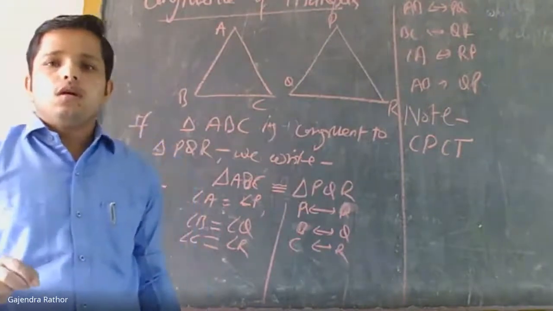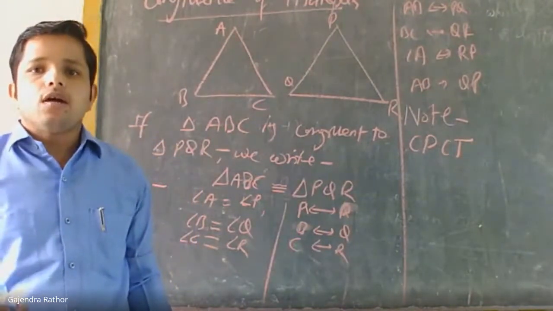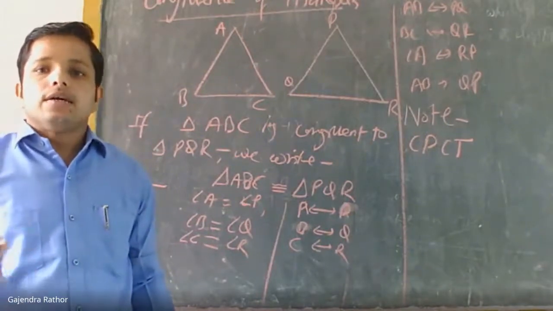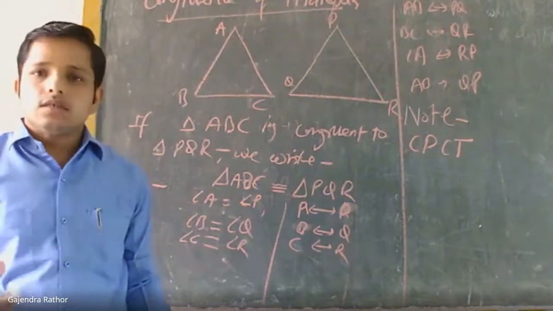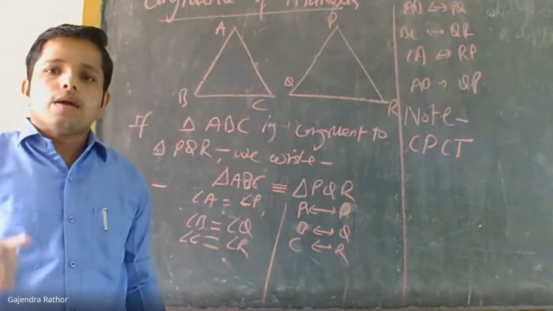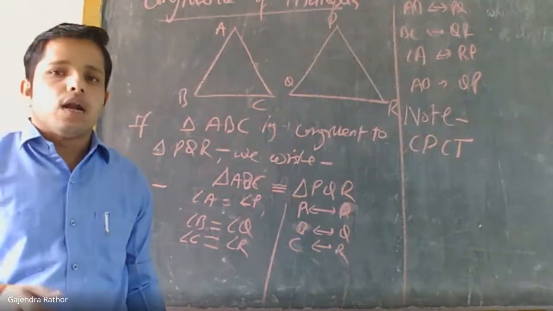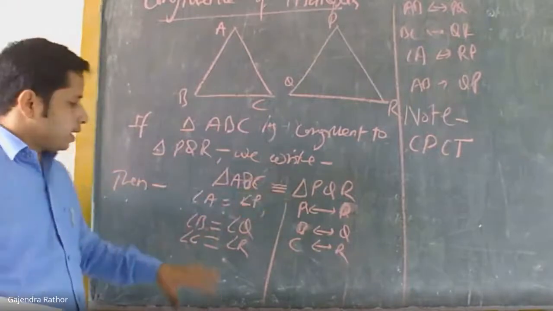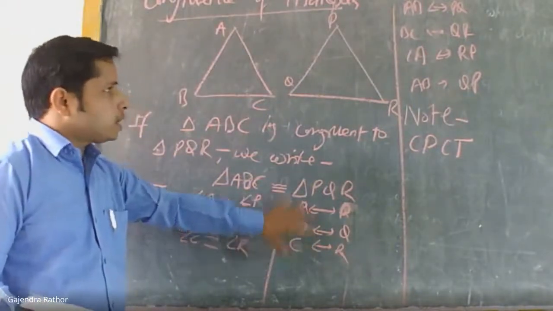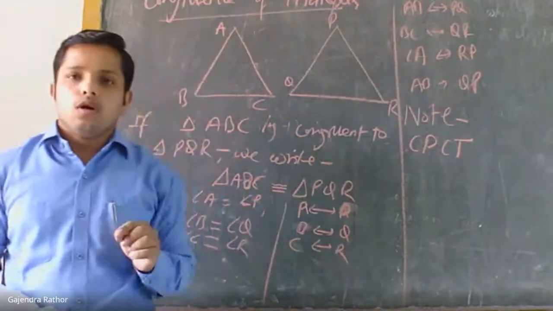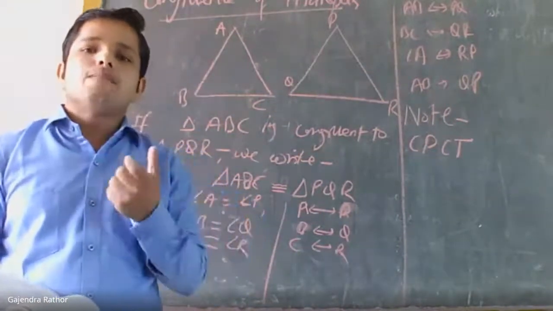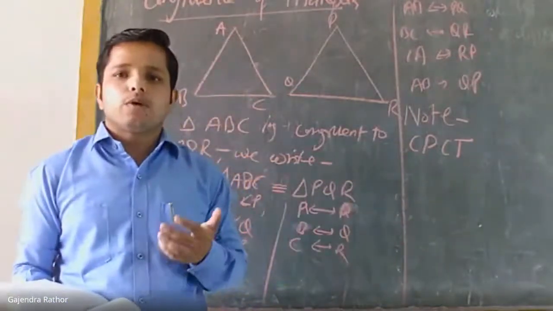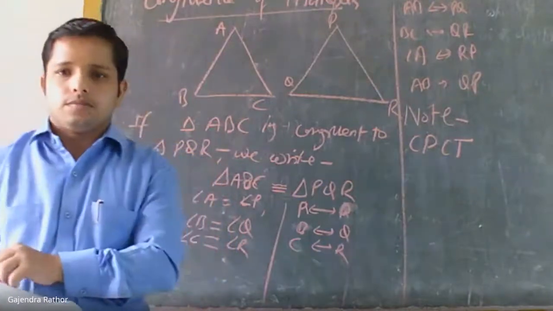If two triangles are given congruent, or we proved that the triangles are congruent, then by using this, their corresponding parts will also be equal. So we will use a simple word for this sentence, CPCT, meaning corresponding parts of the congruent triangles.